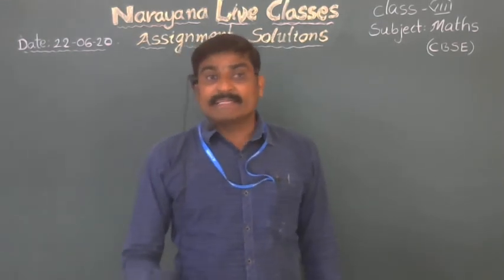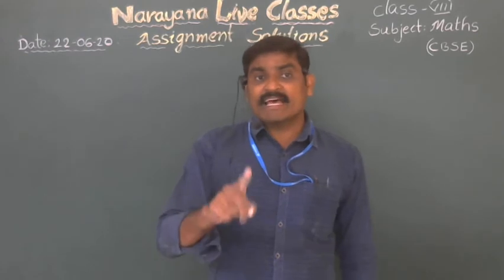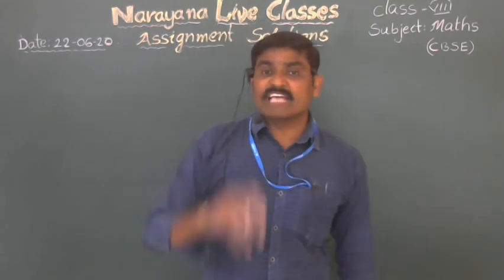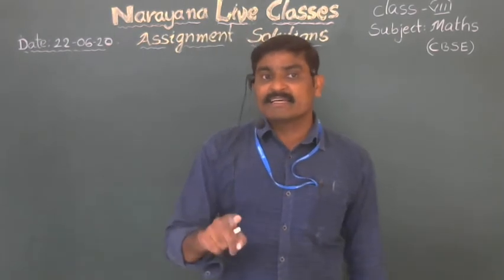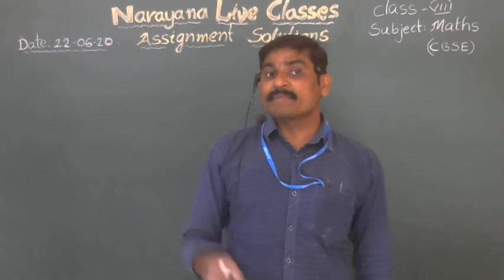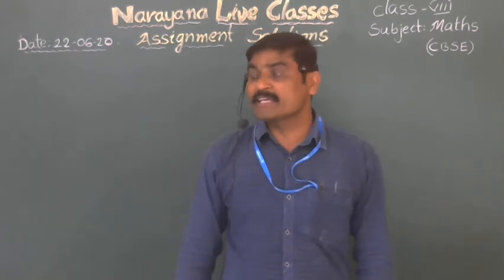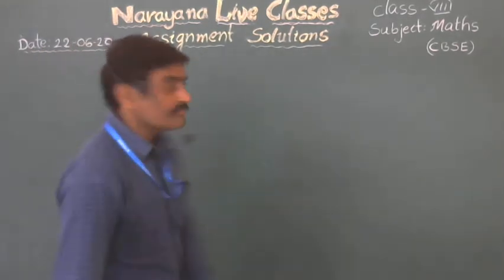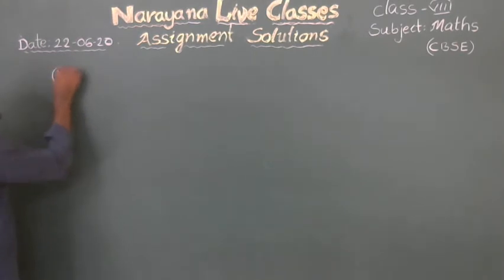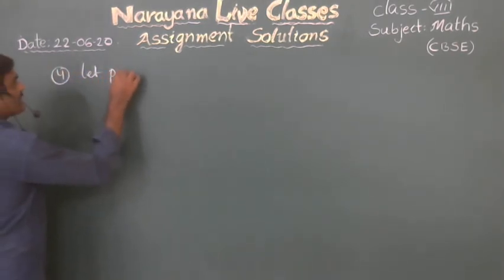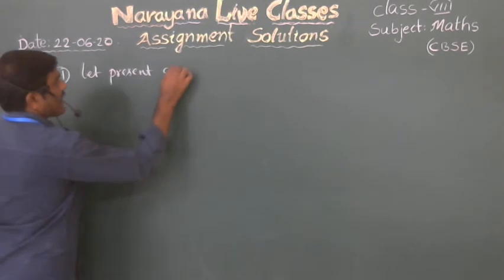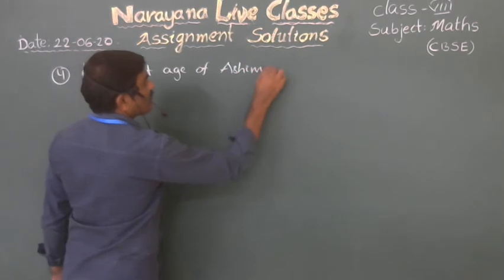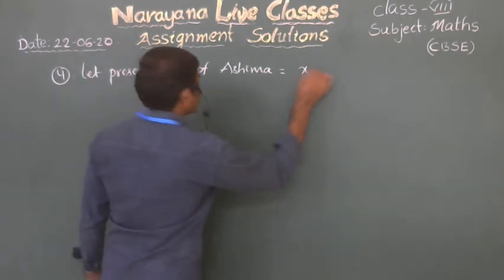Let us find. Sunita is twice as old as Ashima. So let the present age of Ashima be x.